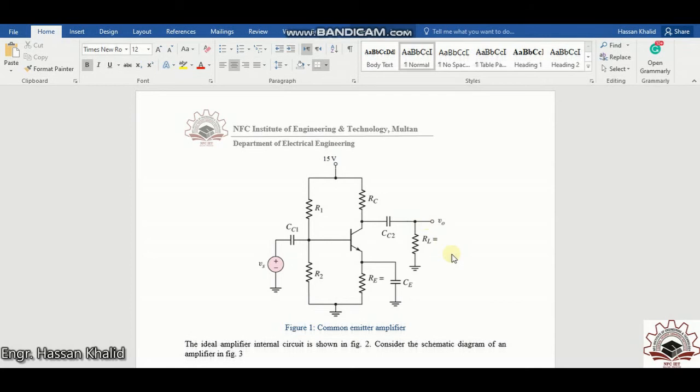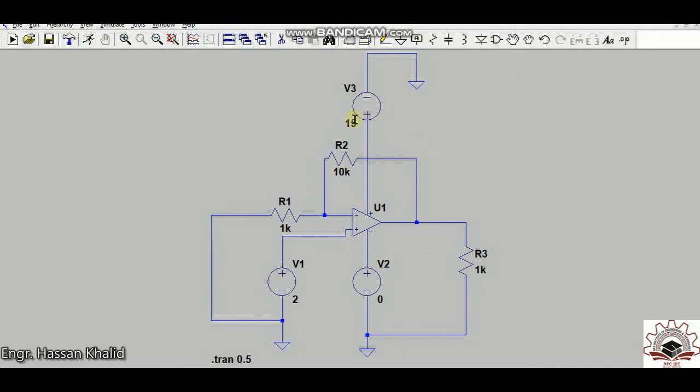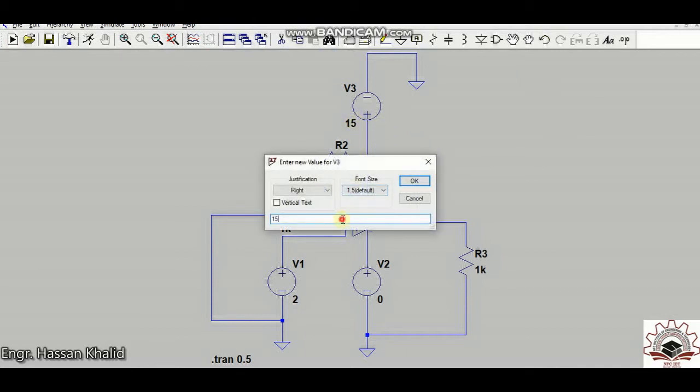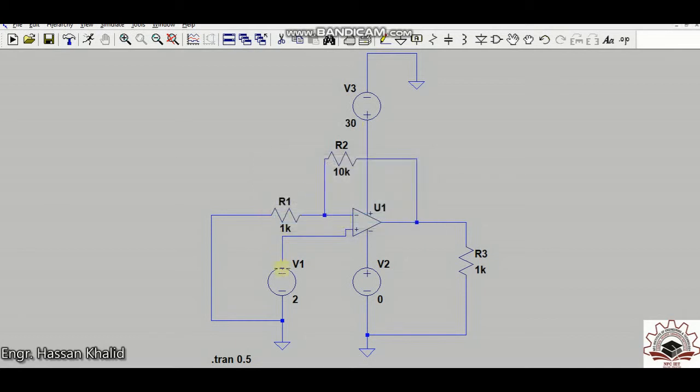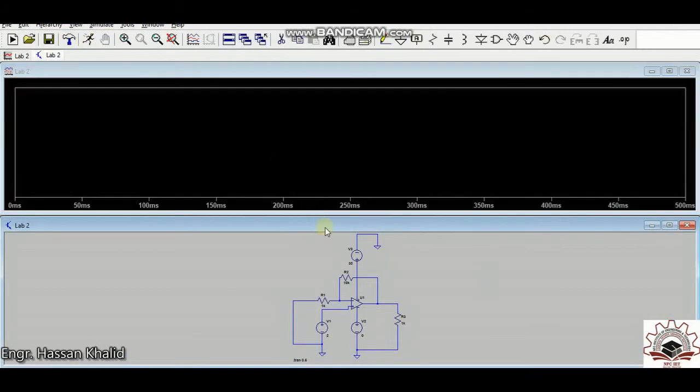Now let's change our circuit according to the requirement, and let's check whether we are able to receive the amplified version or not. Okay, now I'm changing the 15 volt to 30 volt, and the input is 2, and we know that the output should be 22 volt.